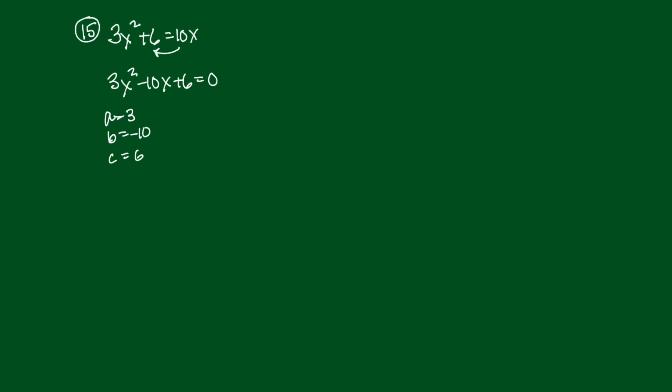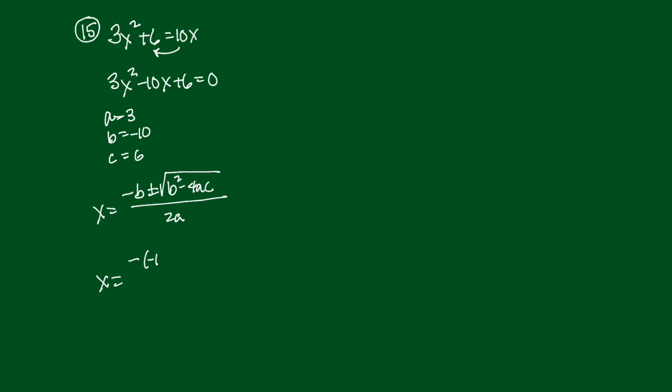So here's our formula. X is equal to negative b plus or minus the square root of b squared minus 4ac, all of this over 2a. So let's substitute. So we'll get x equals, all right, now this says the opposite of b, right? The opposite of b. B is negative 10, so I'm going to write it carefully.